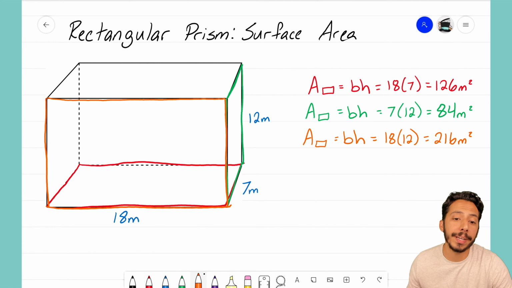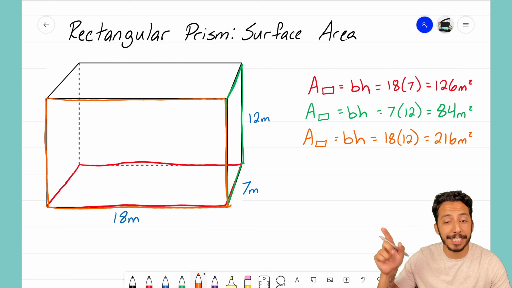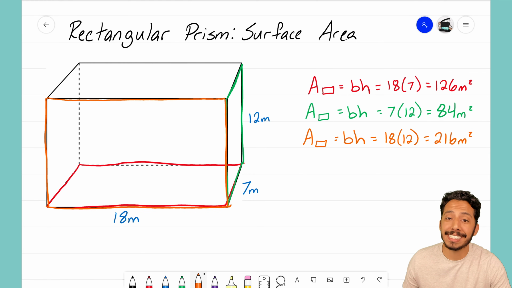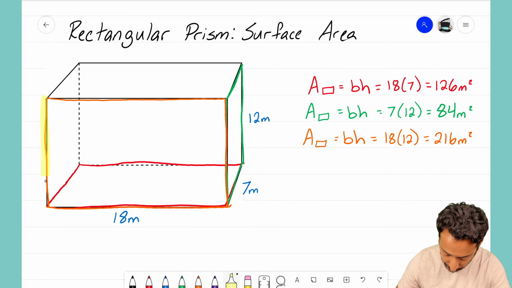Now I'm actually going to stop here with just those 3 areas. Some of you might be confused as to why I'm stopping with 3 sides when clearly this rectangular prism has 6 different sides. Notice that I have not yet found the left side's area. I have not found the top side's area, nor have I found the back side's area.